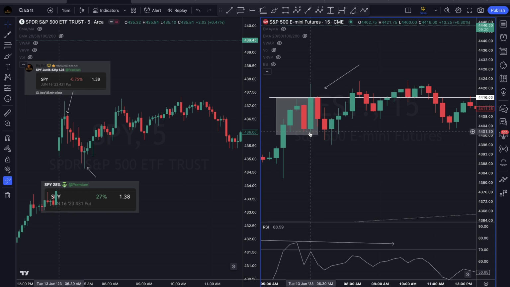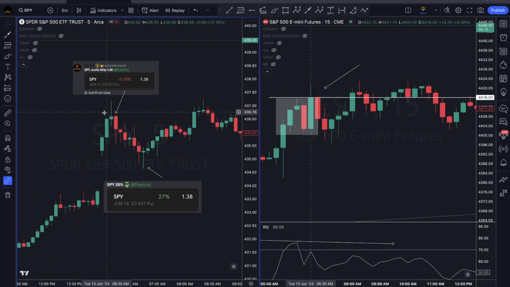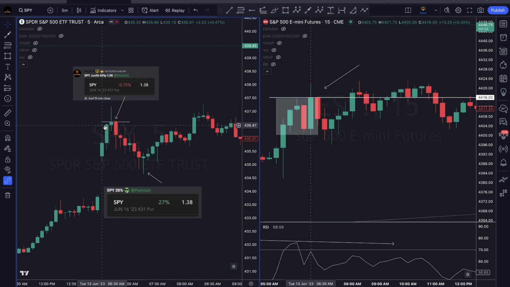Price closed below this level and retested it, and on SPY I was watching the 5 minute. This was a bearish candle too on the 5 minute, and I got an entry on that retest of the 5 minute bearish candle, or you could say this prior highs retest, fake out, and my stop loss was pretty clear.